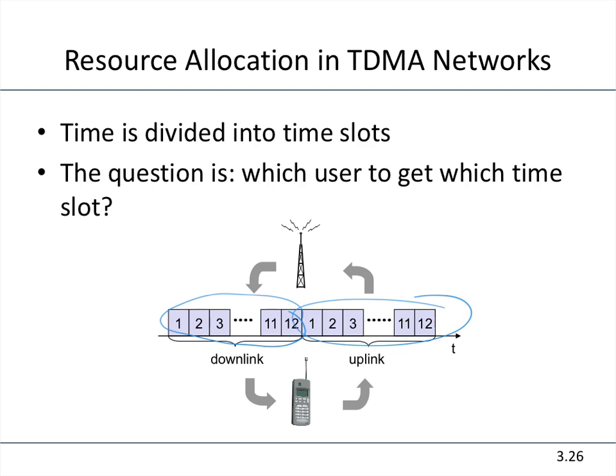And then the idea is that in uplink and downlink, you can assign these time slots to different users. Depending on what? Depending on so many things. Do I have channel state information? Which user has the best channel state information at this point in time? Should I have absolute fairness, no fairness, proportional fairness, things like that. Is that clear?